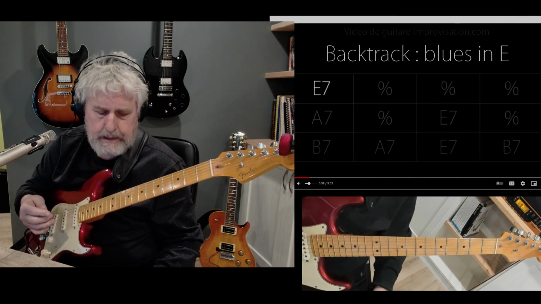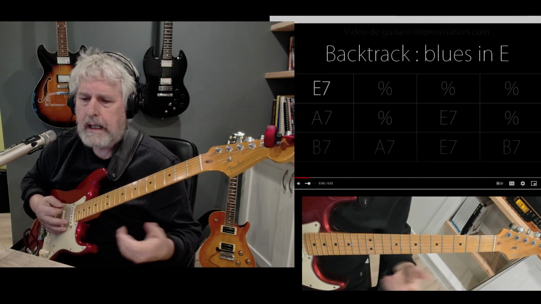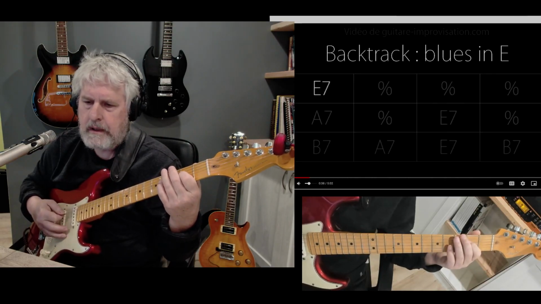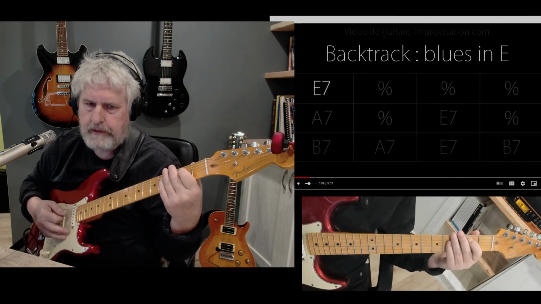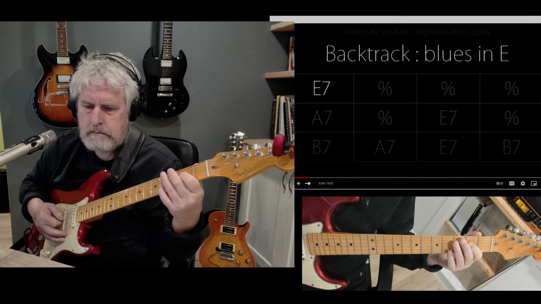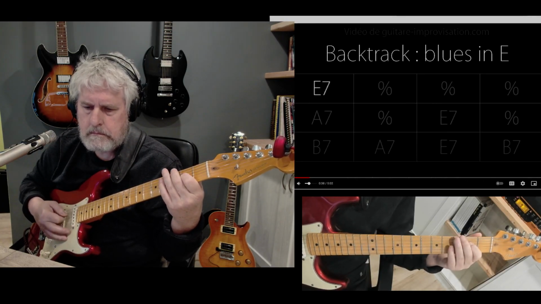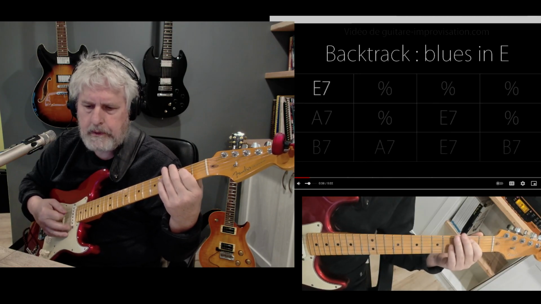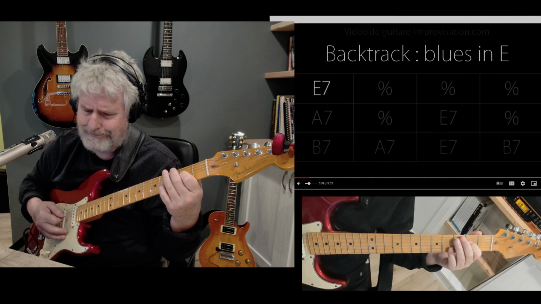And maybe for the last one, from the root to the octave, 7th to the 5th. And we jump up an octave, a 4th.